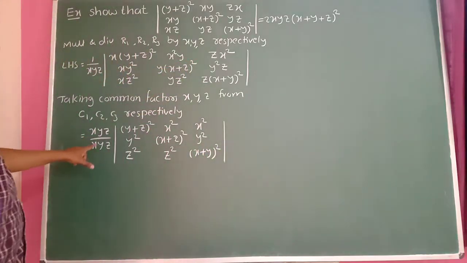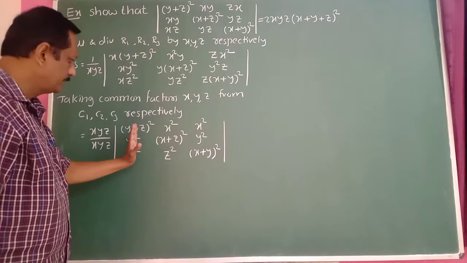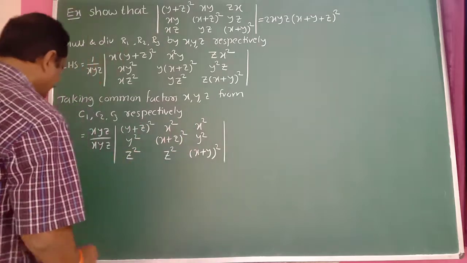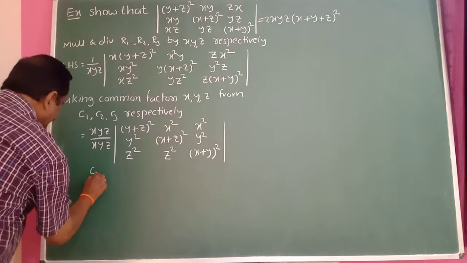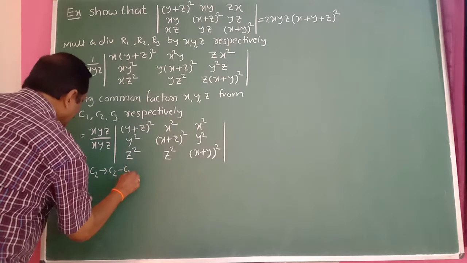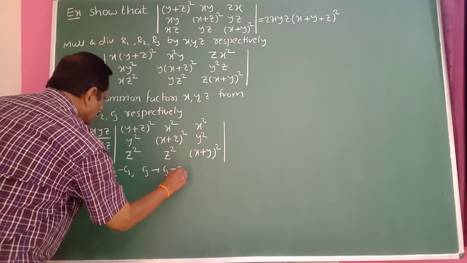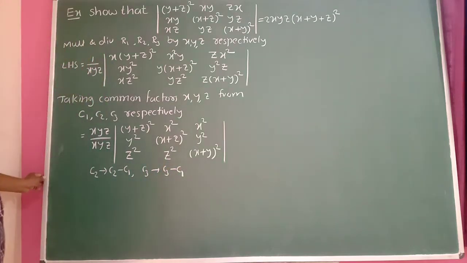Here xyz and xyz cancel. Then apply C2 minus C1 and C3 minus C1. So C2 gives C2 minus C1, and C3 gives C3 minus C1.